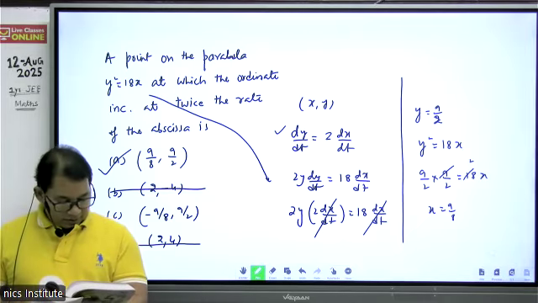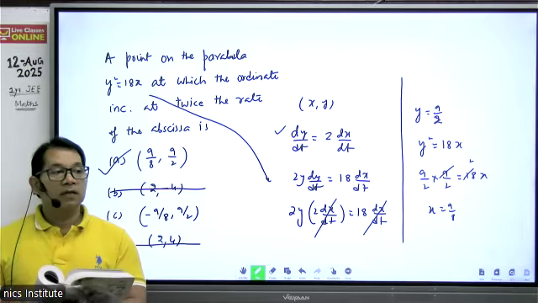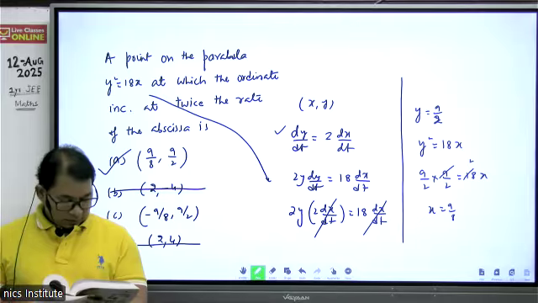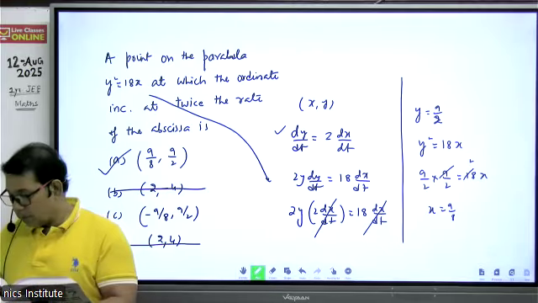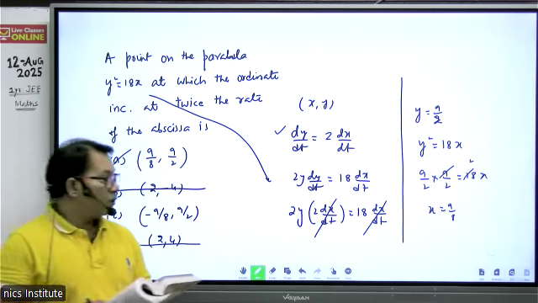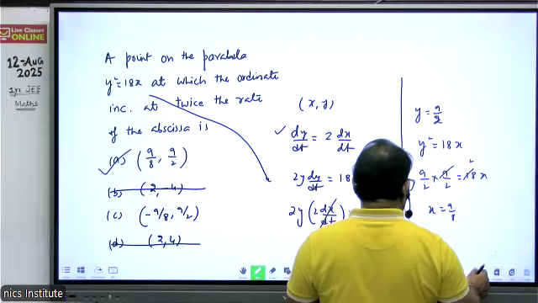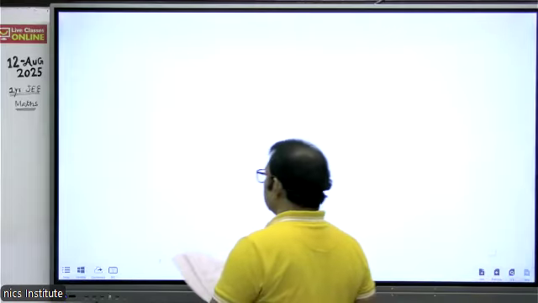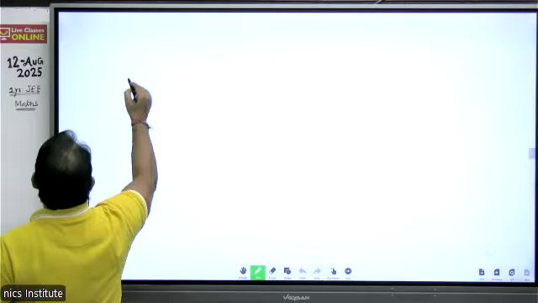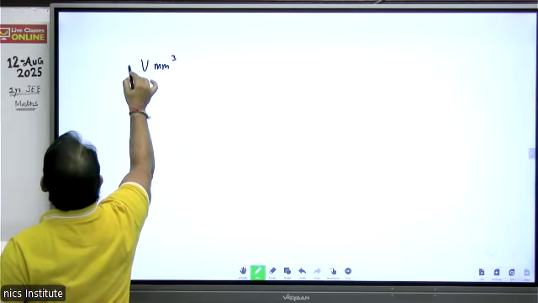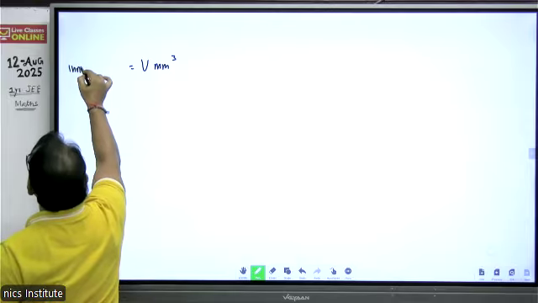It has a fixed inner volume, capital V millimeter cube. So inner volume has been given to us.